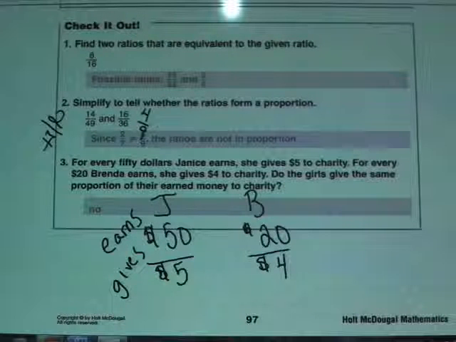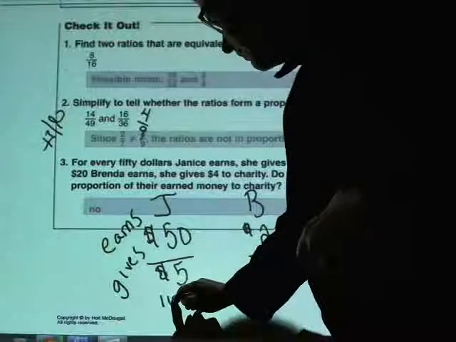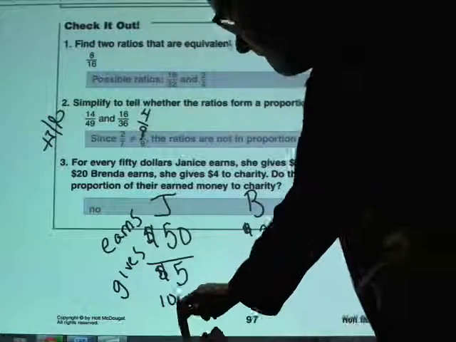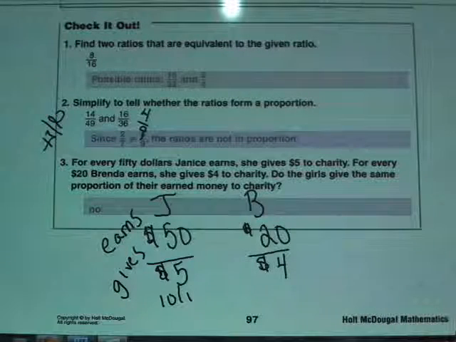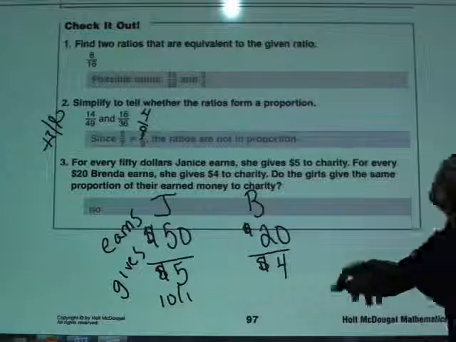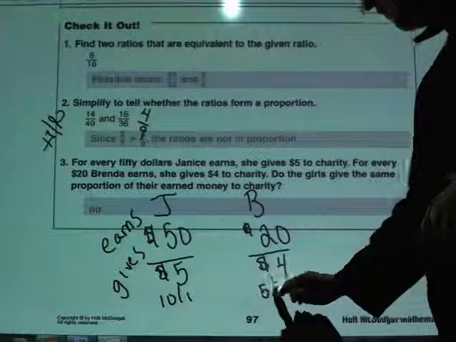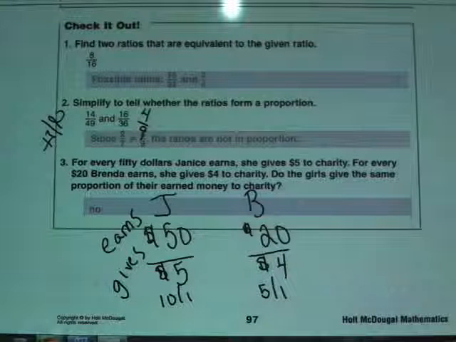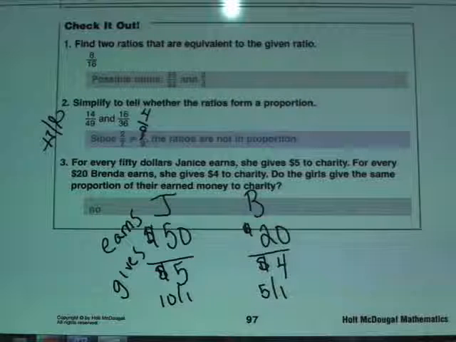Most of you, I'm guessing, are going to divide both these out, reduce them, and see if they go to the same thing. Because 50 over 5, that's really easy. We're taking 5 out. That's 10 over 1. And when I do 20 over 4, well, I could take 4 out of both of those, and I end up with 5 over 1. Since those two fractions are not the same, that means no, they are not giving the same proportion of their earned money to charity.